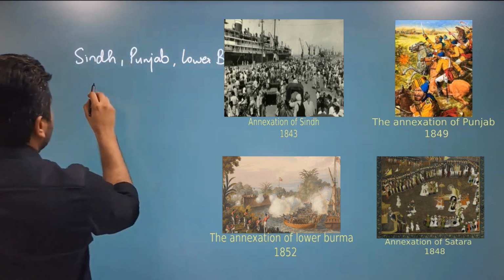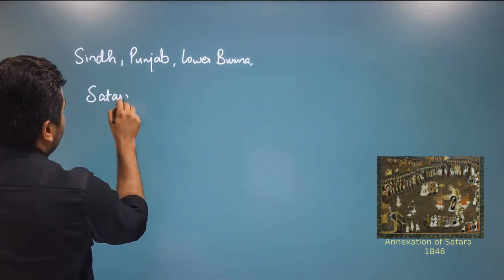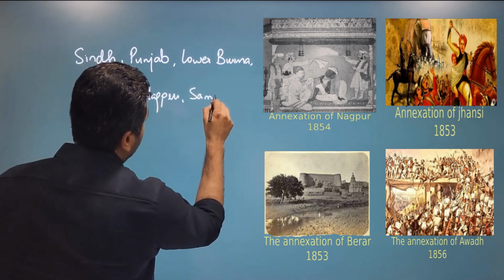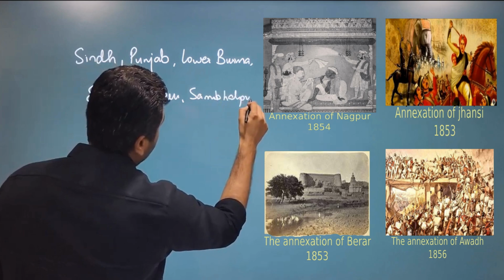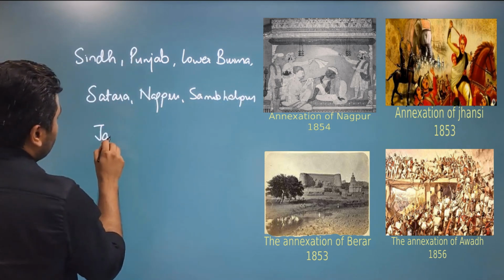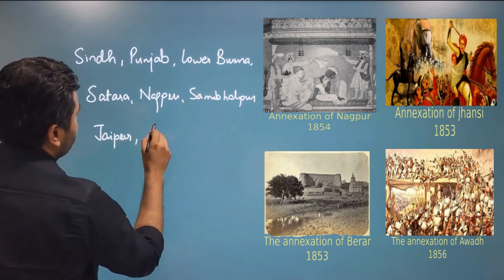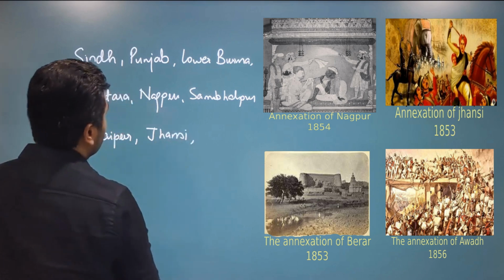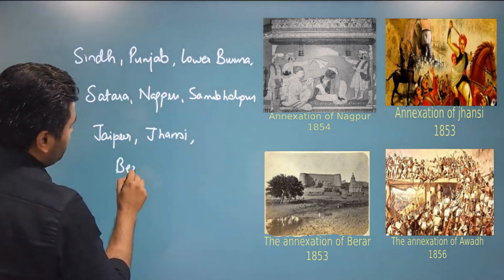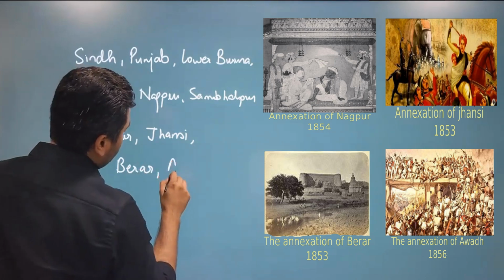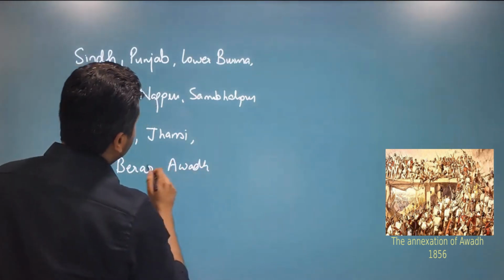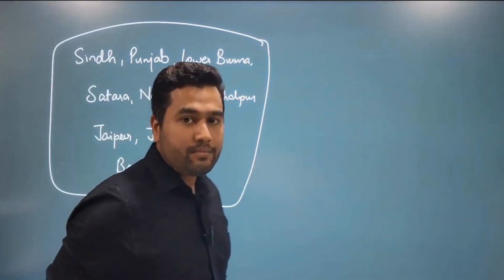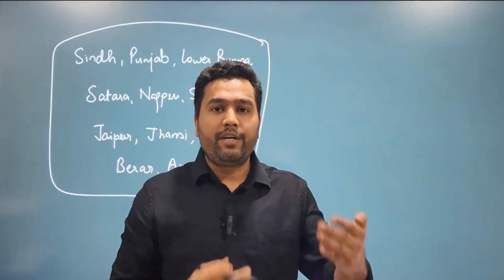Then further, there was annexation of Satara, annexation of Nagpur, there was annexation of Sambalpur by Lord Dalhousie, there was annexation of Jaipur, there was annexation of Jhansi, there was annexation of Berar, there was annexation of Awadh. So we see that new territories were being annexed and they were to be incorporated into the empire.